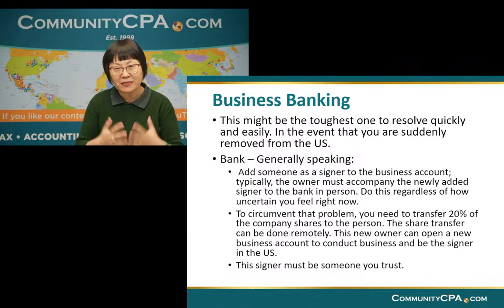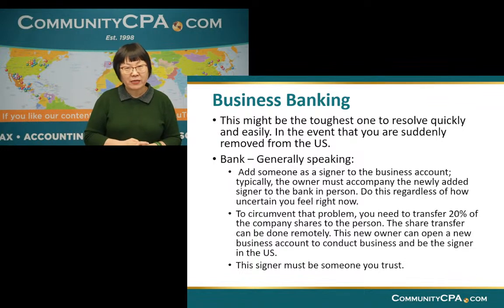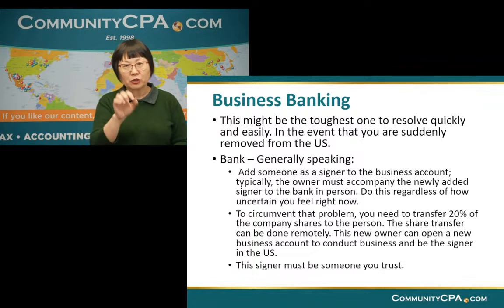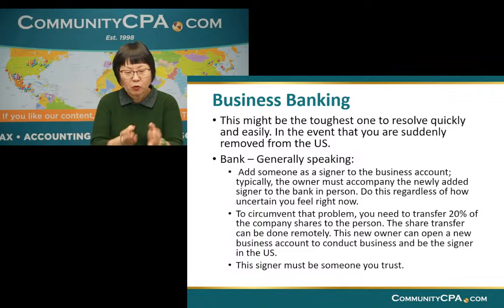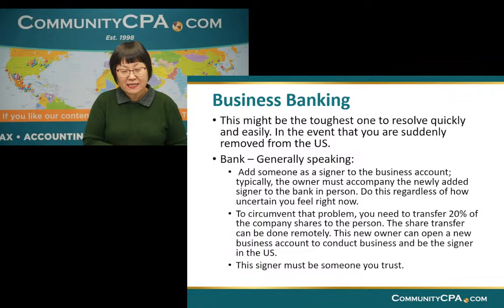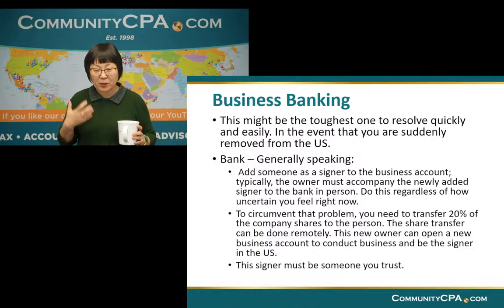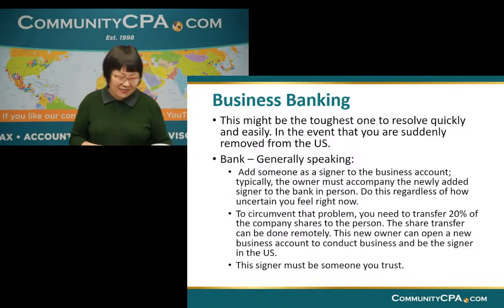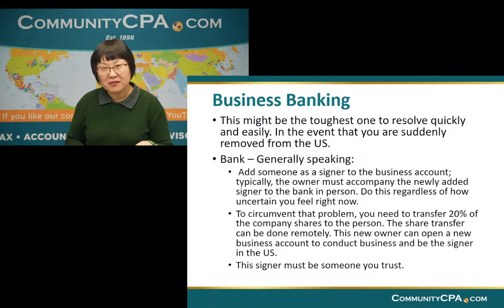So that's what I'm saying to you: business banking is one of the things that you need to prepare early. This is probably the hardest one to do remotely. Of course, my last sentence says that the signer must be someone you trust. You think I just put that in there for no good reason?